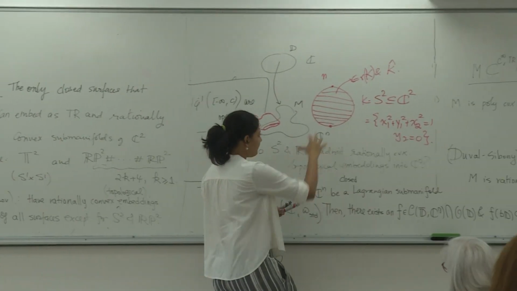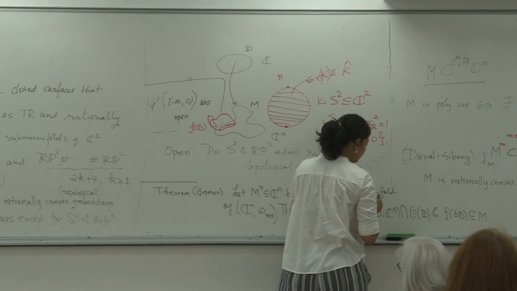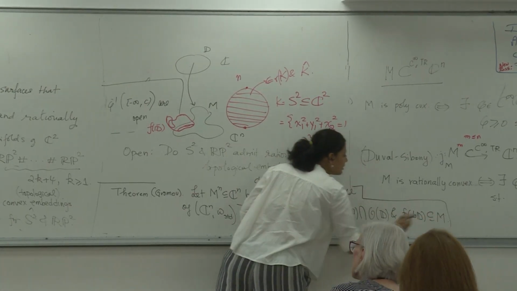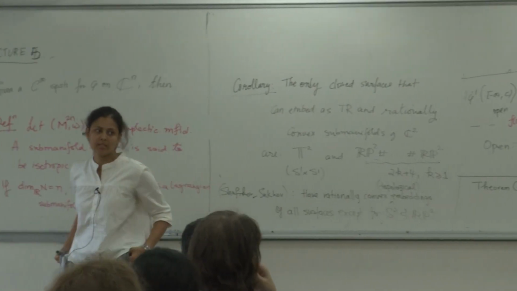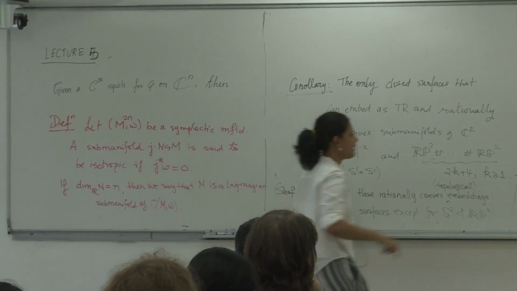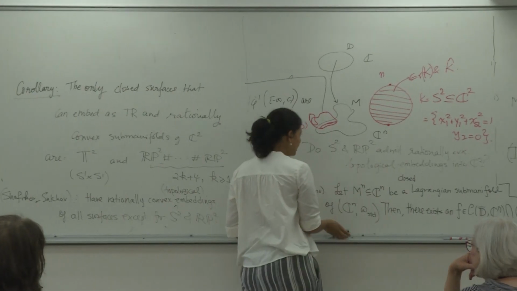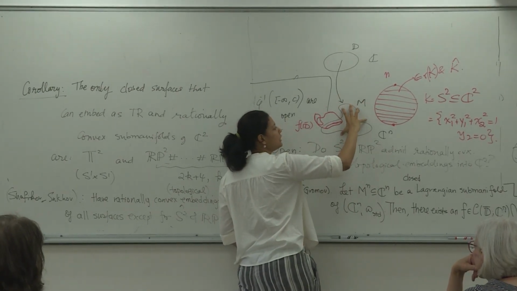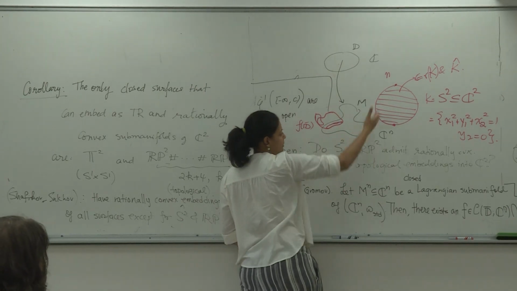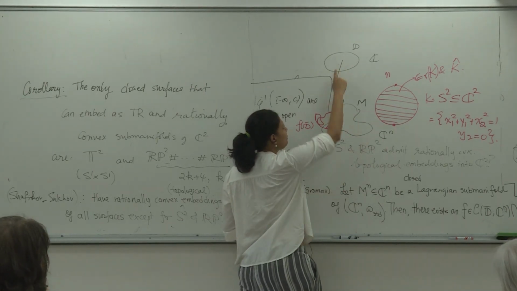So what consequence does that have? What does that immediately tell us about the convexity of M itself? As soon as you have something like this, you take a holomorphic polynomial and pull it back.